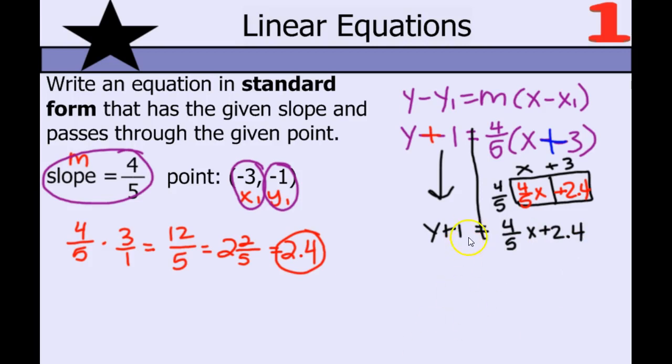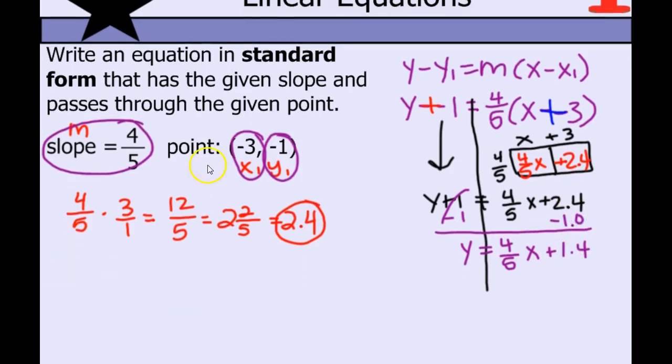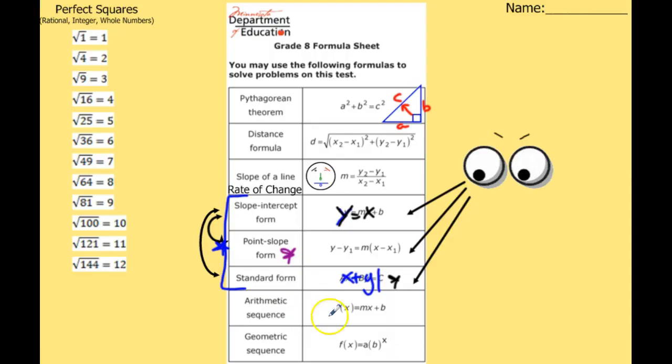And then last, well not last, we need y by itself first. We're going to subtract 1. So those eliminate, and we have y equals 4/5 x. We have 2.4, we're taking away 1, we only have now 1.4. This is we're subtracting 1.0. And then we wanted standard form, so again, standard form is when we have x and y on the same side here.